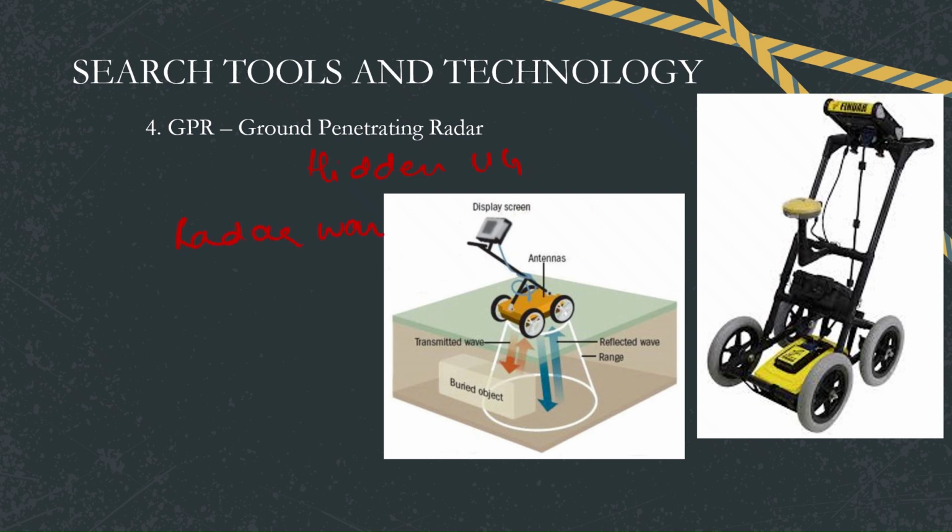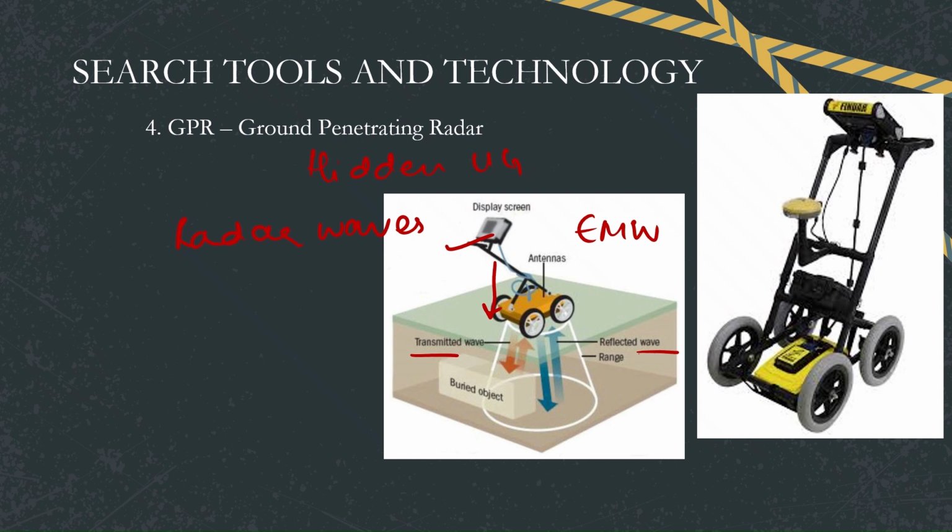Now, as you can see in this diagram as well, the GPR device sends electromagnetic waves into the ground through its antenna, right? These are called transmitted waves. When these waves encounter an object buried beneath the surface, part of its energy is reflected back towards the antenna as the reflected wave.